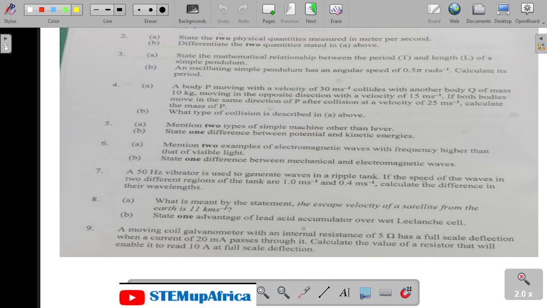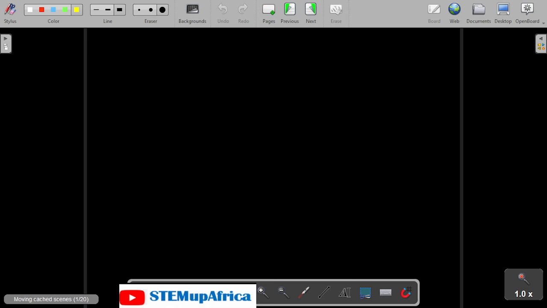So let's look at question 9. It says a moving coil galvanometer with an internal resistance of 5 ohms has a full scale deflection when a current of 20 milliampere passes through it. Calculate the value of the resistor that will enable it to read 10 ampere at full scale deflection. So let's take the data we have. Question 9.